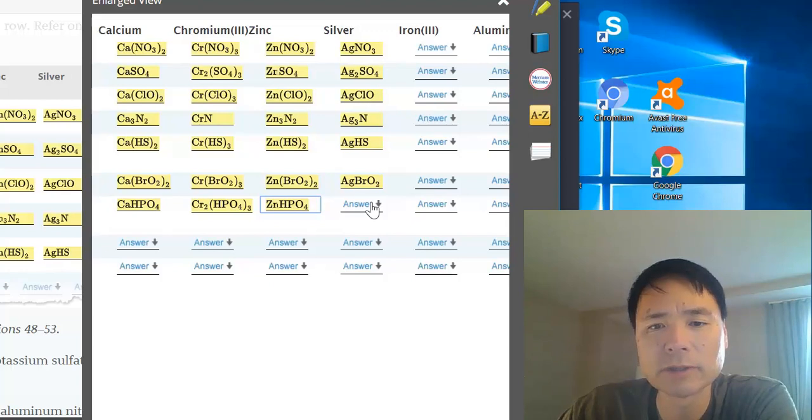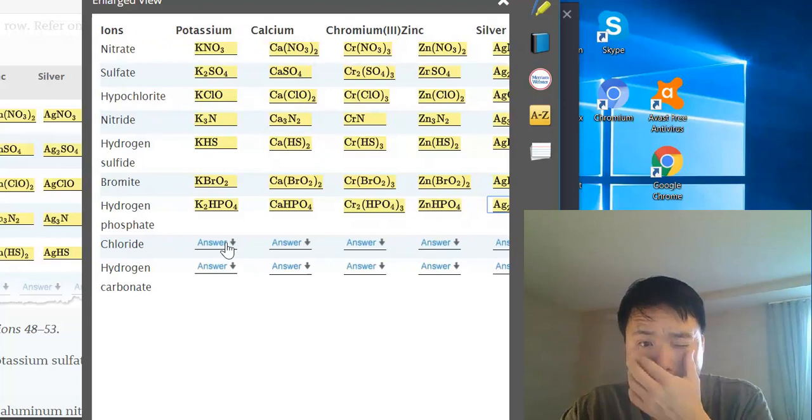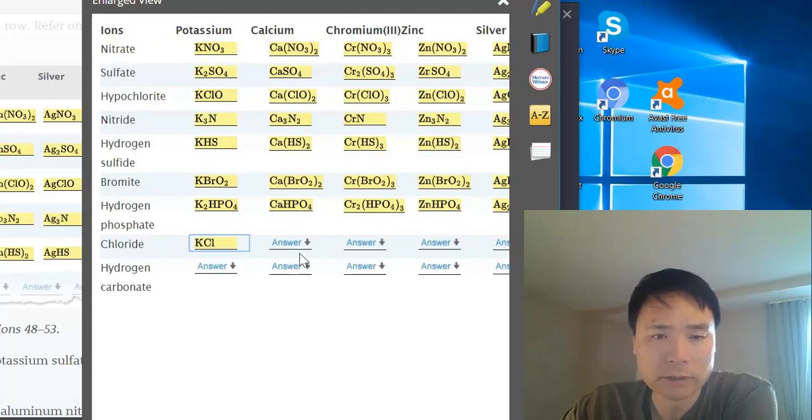Silver is the +1 Ag, so we need 2 Ags: Ag2HPO4. Okay, continuing on, chloride is -1, potassium: KCl.